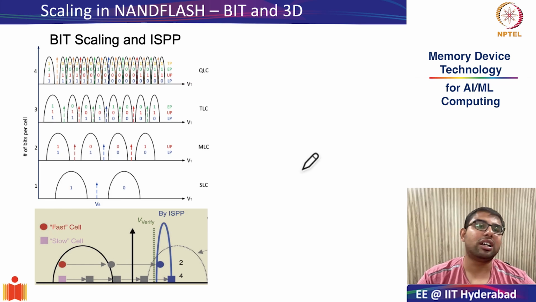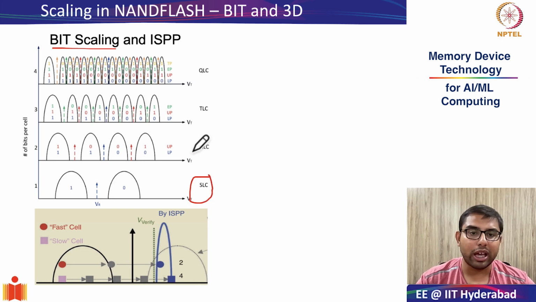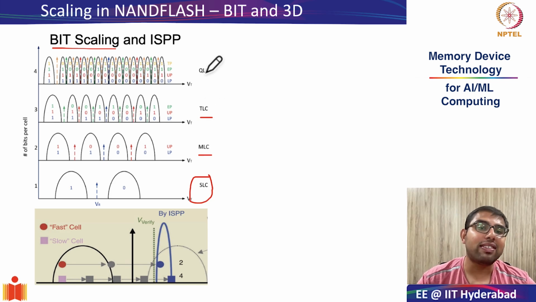The last section that we studied was regarding the scaling in NAND flash cell. We looked at both bit scaling and 3D scaling. In bit scaling, we saw how by programming intermediate threshold voltages, you can go from SLC, which is 1 bit per cell, to MLC, which is 2 bits per cell, to TLC, which is 3, and then QLC, which is 4 bits per cell.